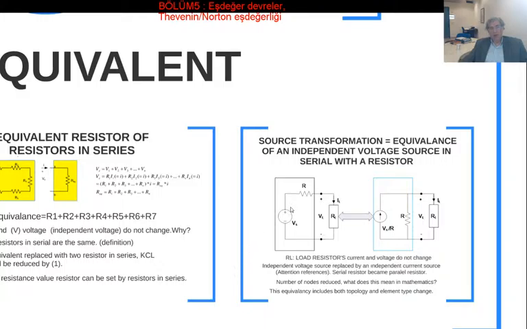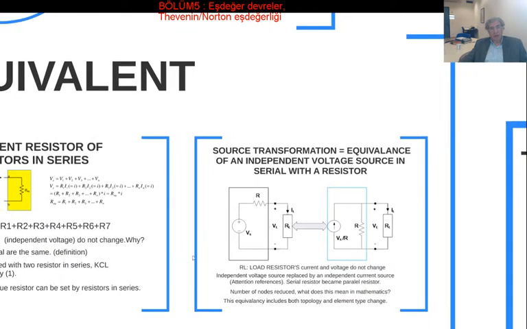So when you come here, this is a new type of equivalency, but it starts with two serially connected elements. Here an independent voltage source is connected in series with a resistor. We are saying that you can replace these two elements with these two elements. So the black square inside the circuit and the blue square inside the circuit.